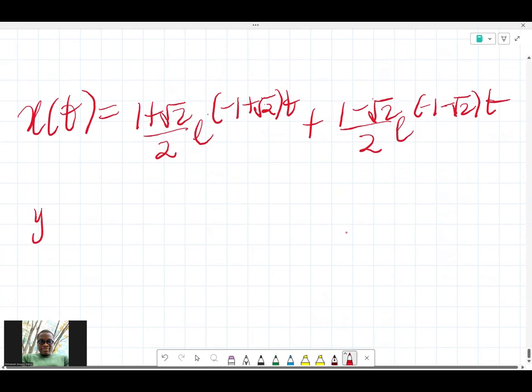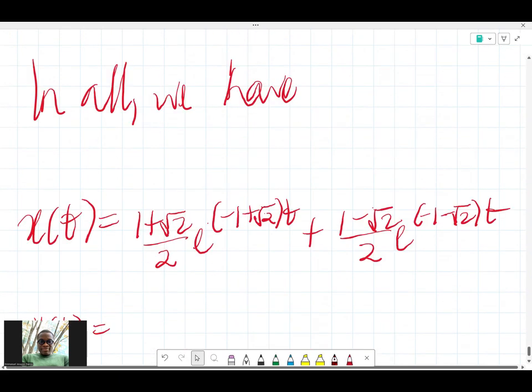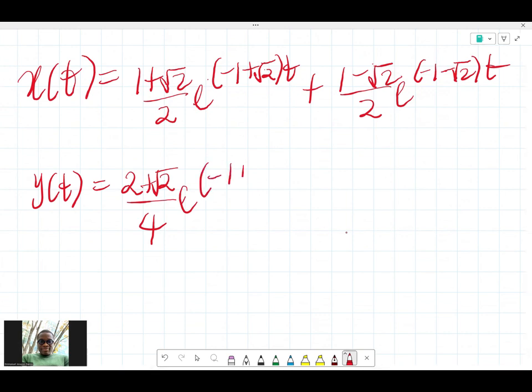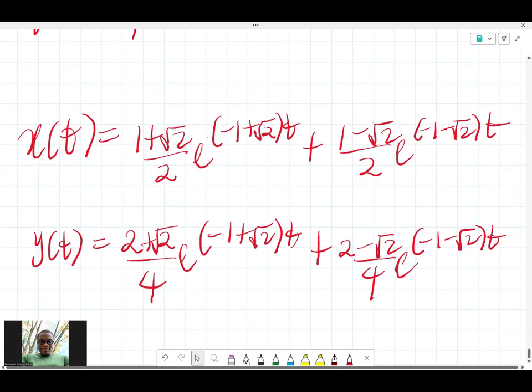And then y of t, on the other hand, is (2 plus root 2)/4 e raised to power minus (1 plus root 2)t plus (2 minus root 2)/4 e raised to power minus (1 minus root 2)t. So that is the overall solution for this system.